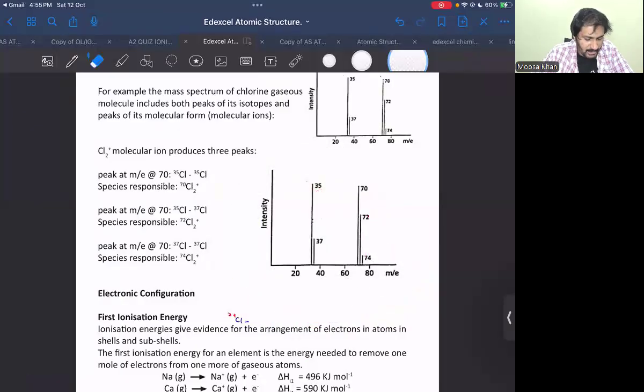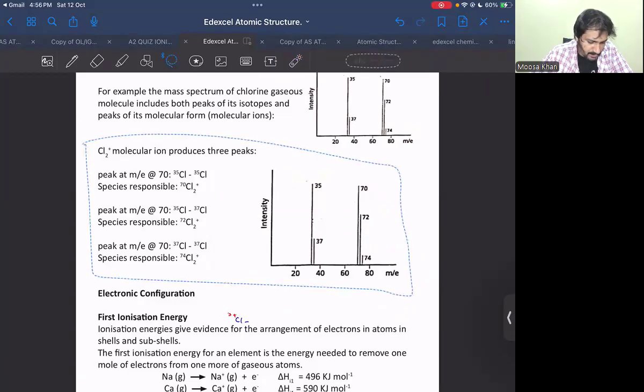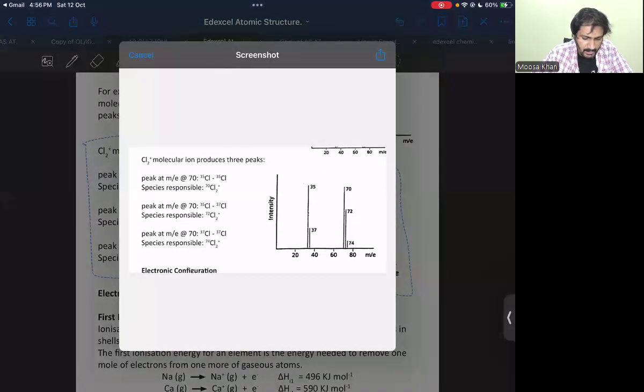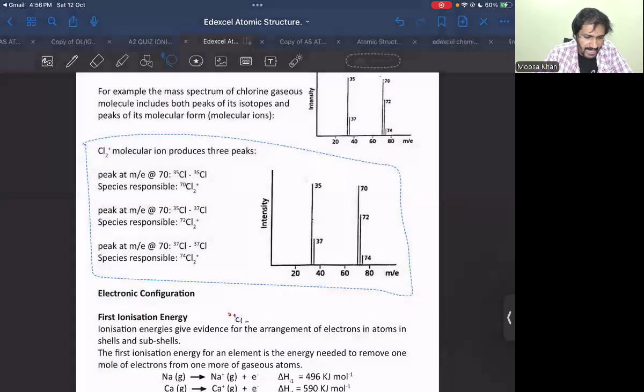We were expecting that a chlorine element has only two isotopes, one with the mass number 35 and one with the mass number 37. But whenever you run a mass spectrum of chlorine, you actually get more than two peaks, and these other peaks are due to the chlorine molecules. So if you could just make a heading, molecular ion peaks.